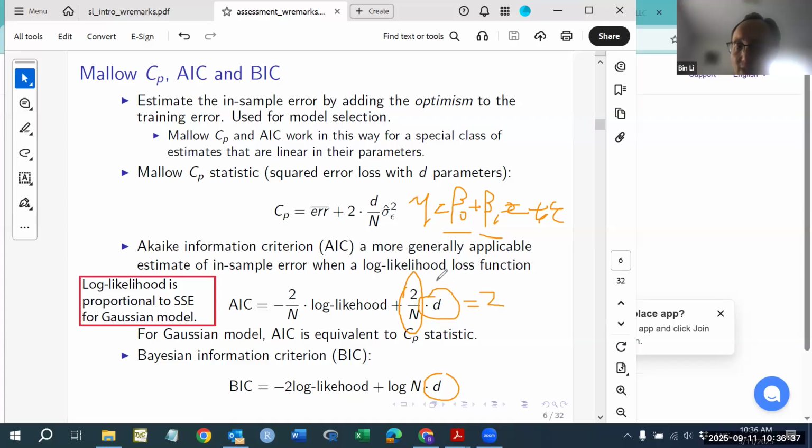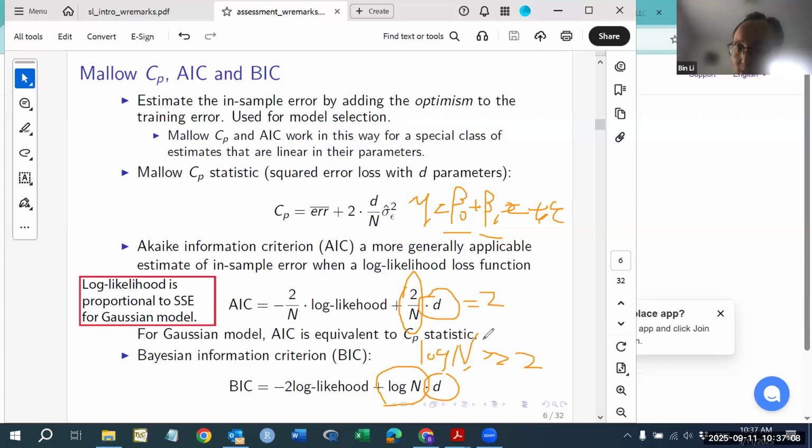So here for the AIC, we double the number of parameters. But for BIC, it's log of the sample size. N is the sample size, the training sample size. This log N is, most of the time, much bigger than 2. If you use a calculator, you will see that log 10 is more than 2, right?